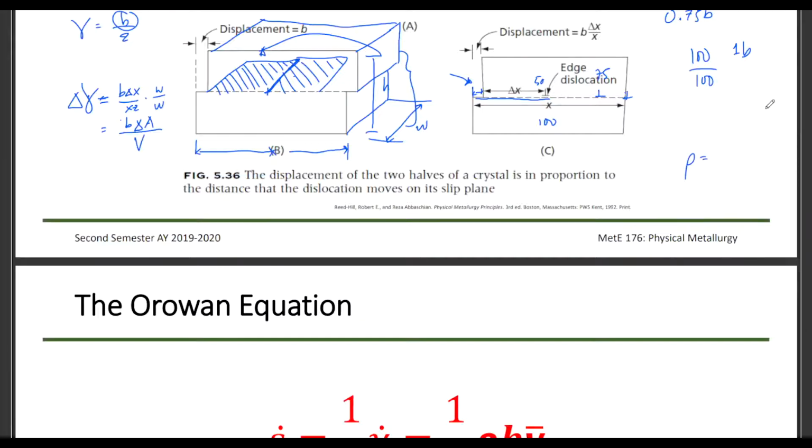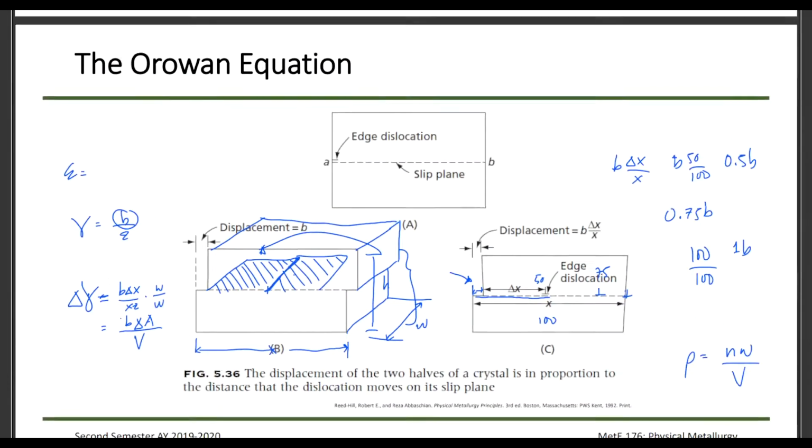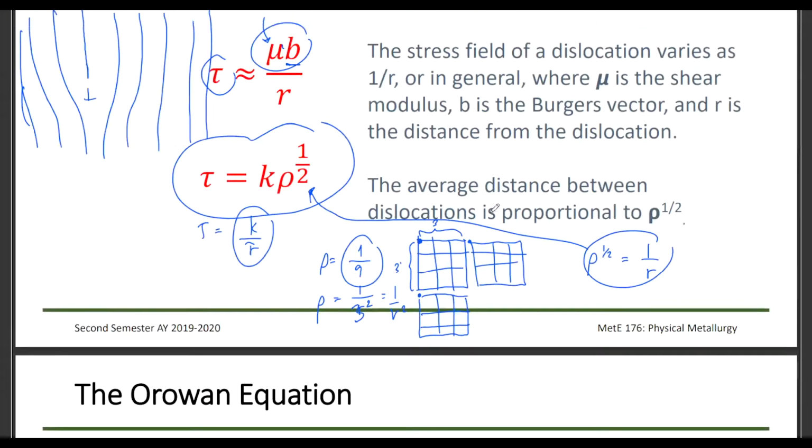So if this is the length of the dislocation, then we can express the density. Density is equal to the number of dislocations multiplied by the width divided by the volume. Tama? Kasi there's two ways to measure dislocation, no? We can measure dislocation as kung naka-view siya as a point. If dislocations are viewed as a point, then we get the area.